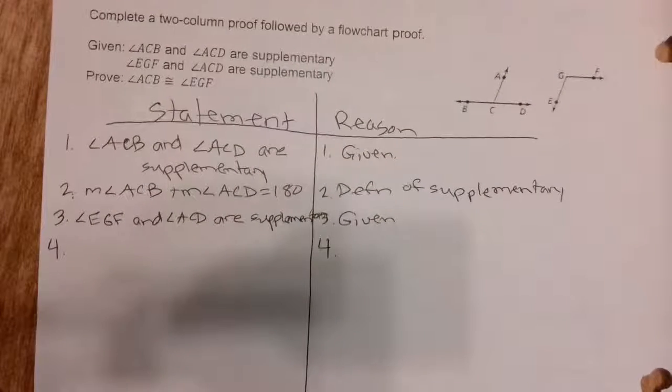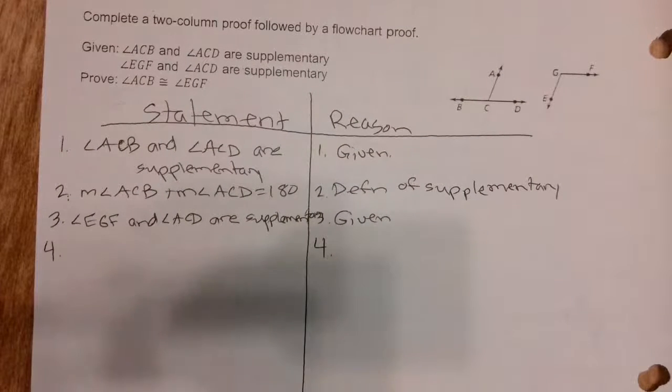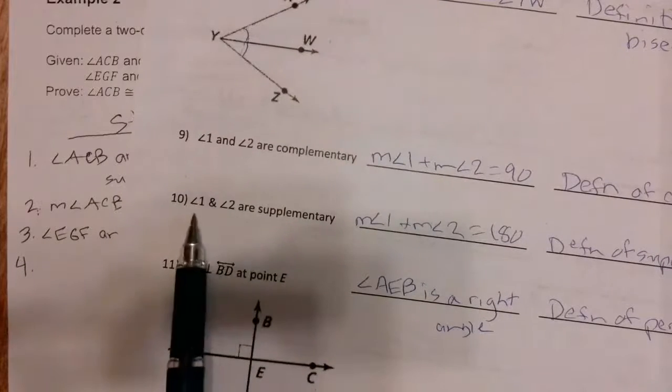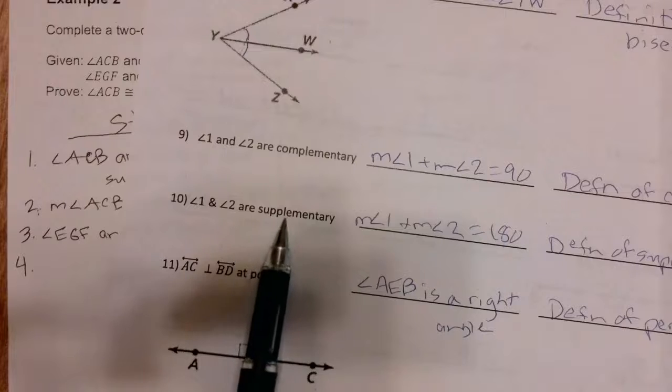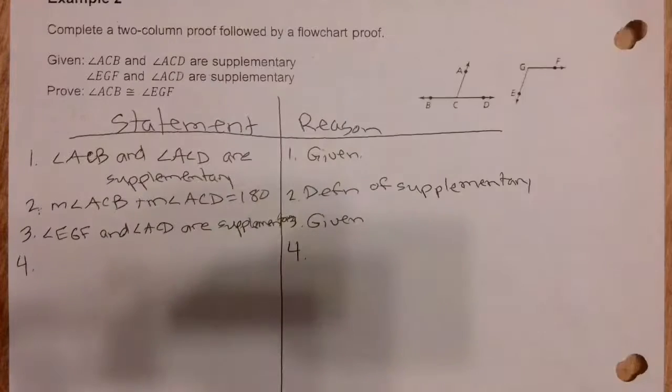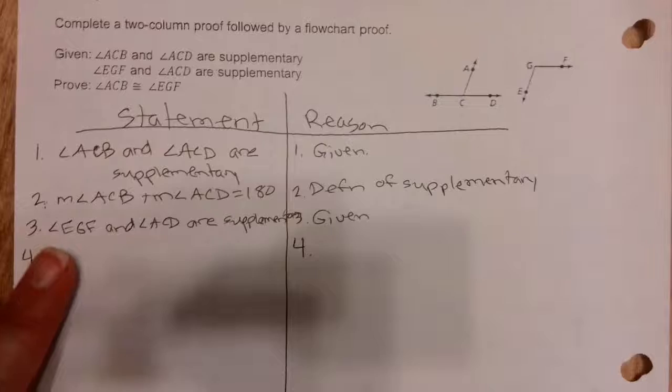Well, now line 3 says they're supplementary. So we're back here. If you ever put down in your proof that they're supplementary, this is either coming immediately before or immediately after, and it's probably immediately after. So, line 3 says supplementary.